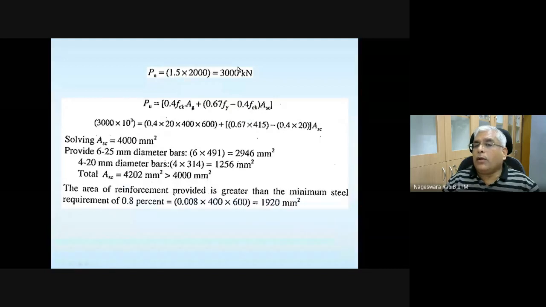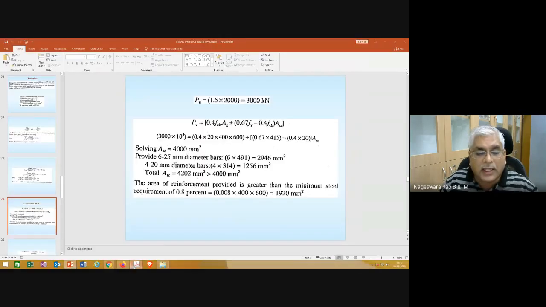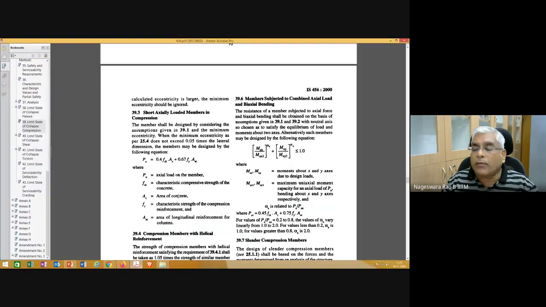That is the axial load, and 0.4 FCK AG is used. Please note that in this equation it is written AC, area of concrete, only the concrete portion. The concrete portion is obtained by subtracting the steel portion from the gross cross-sectional area.